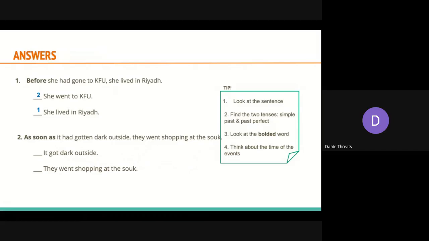Number 2, as soon as it had gotten dark outside, they went shopping at the souk. Okay, which event is the first? Got dark outside. Second, they went shopping at the souk.